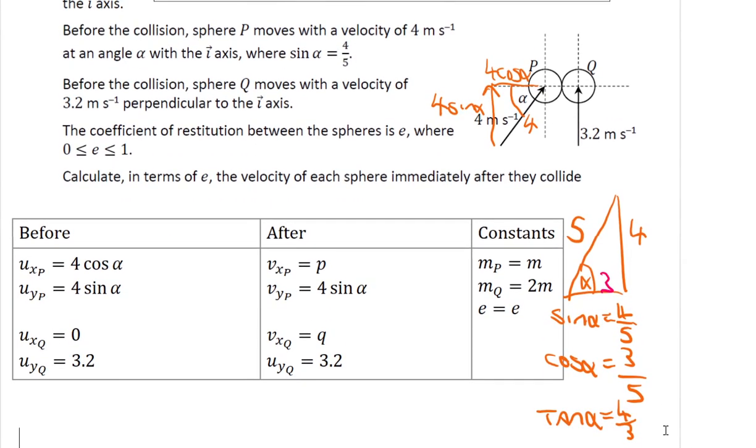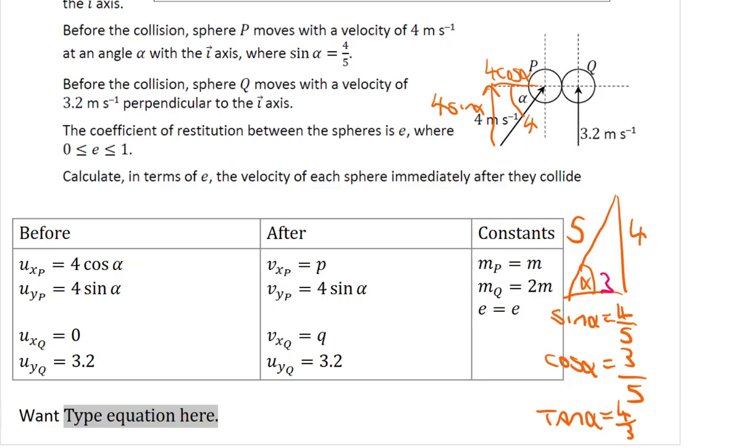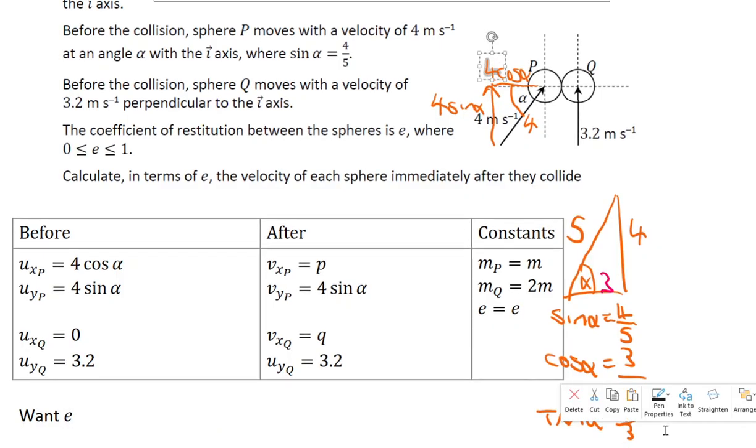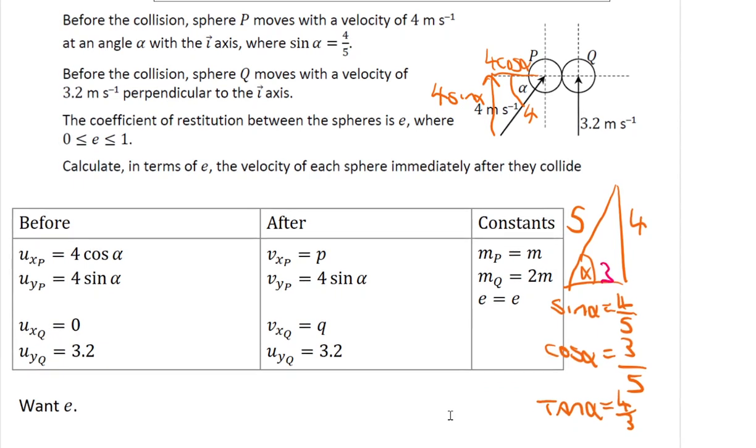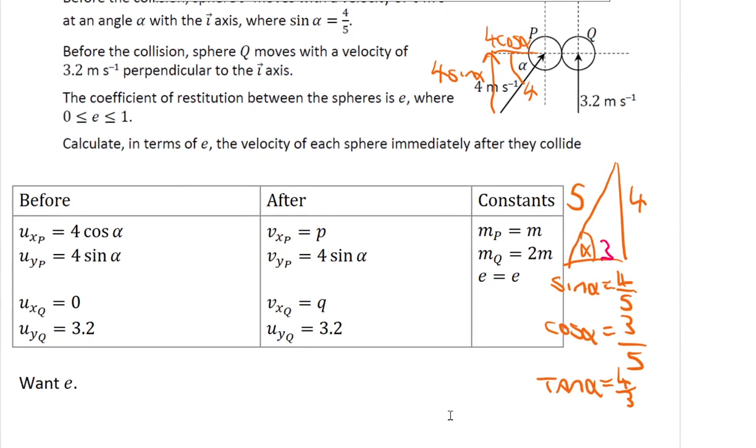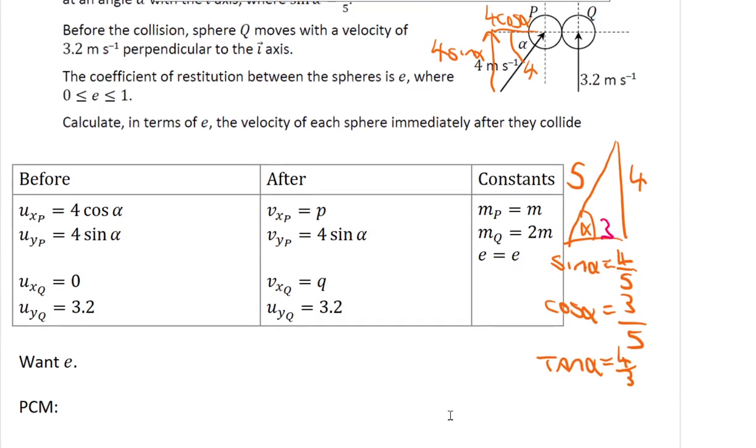So again, we want E. It can't hurt to write that down just to remind yourself of what it is. So with collisions, on page 51, we have our PCM and we have our NEL.